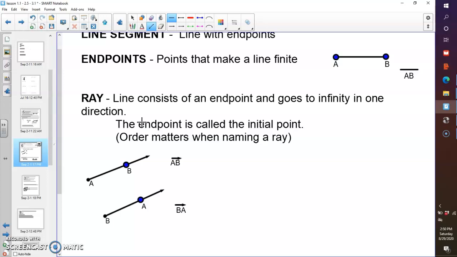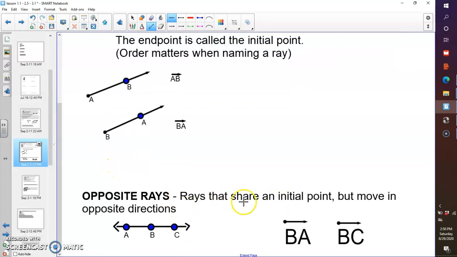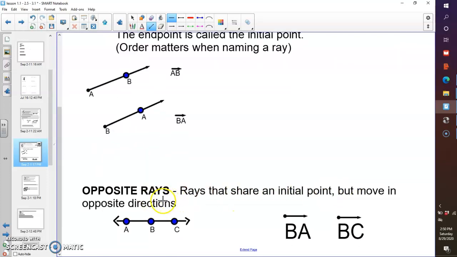It goes on to infinity in one direction. So we have a starting point, and then the ray goes to infinity in one direction, similar to what we have here. Okay. And opposite rays, rays that share an initial point but move in opposite directions, form a straight line. Okay, ray BC and ray BA form the line AC.